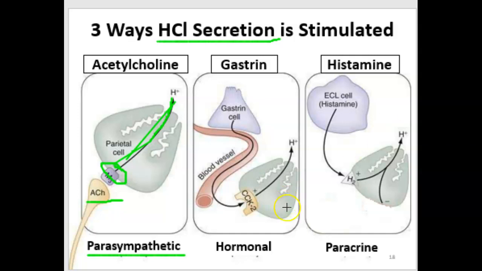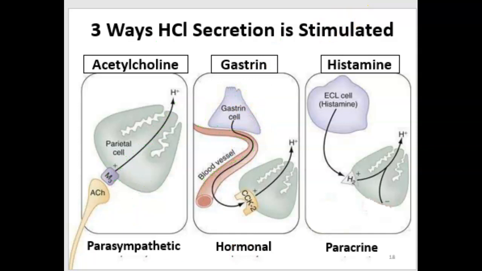In addition, we have this gastrin that's been made by a chief cell. But the gastrin, when it was made, not by a parietal cell, but when it's made, it doesn't go into the lumen, it goes into the bloodstream. So this gastrin is traveling around in the blood.